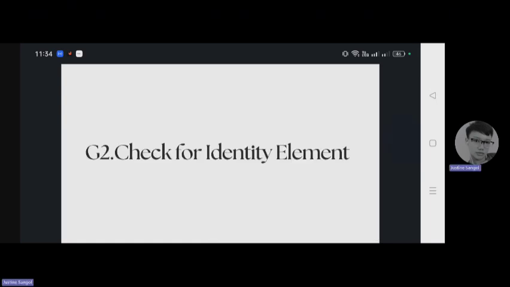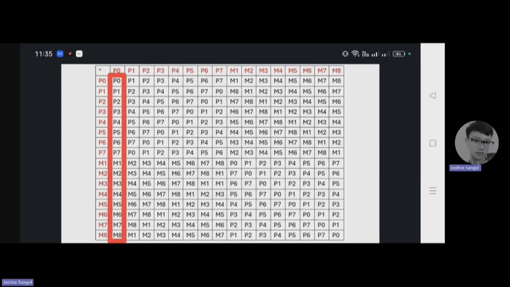So next we will check for the identity element. Here, as you can see in the table in column 2 and row 2, when an element is operated with P0, the resulting element is the same, or itself.